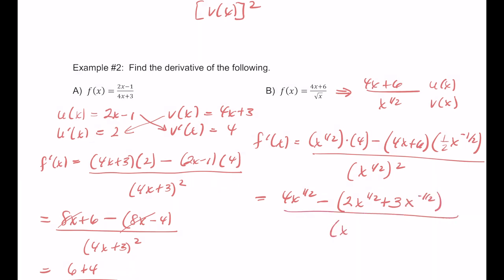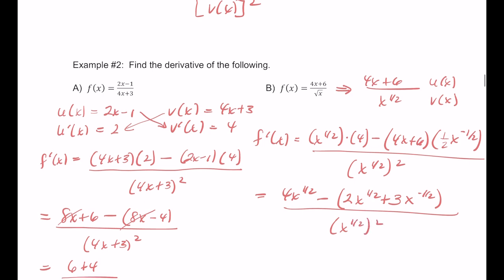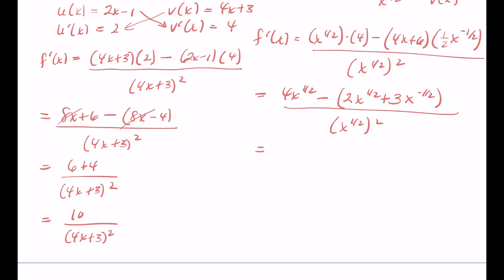And then all over x to the 1/2 squared. So I get 4x to the 1/2 minus 2x to the 1/2. Those are like terms, I can just combine them. And then I have minus 3x to the negative 1/2. And x to the 1/2 squared is just x. And then that would be it. There's your answer.